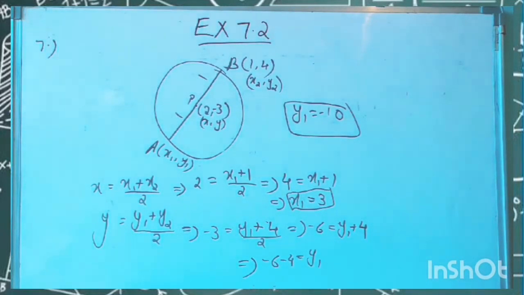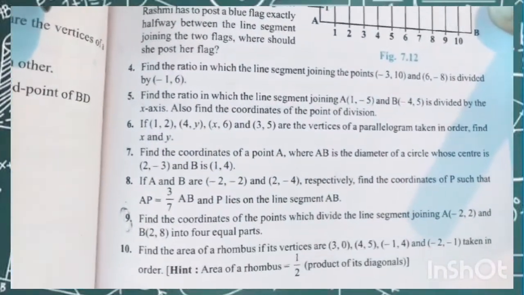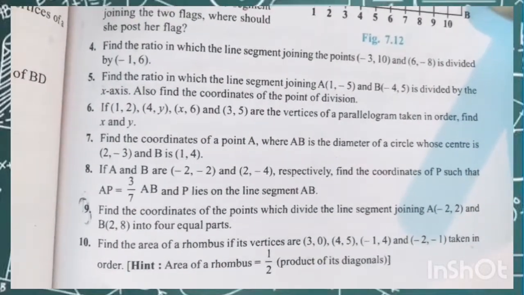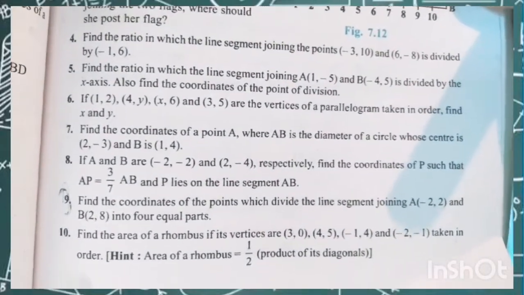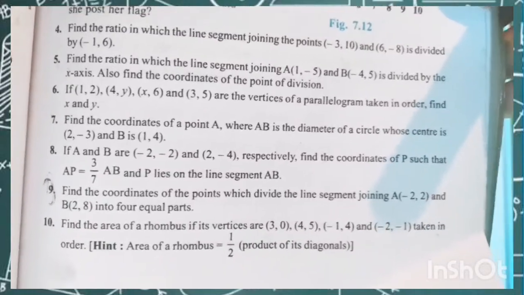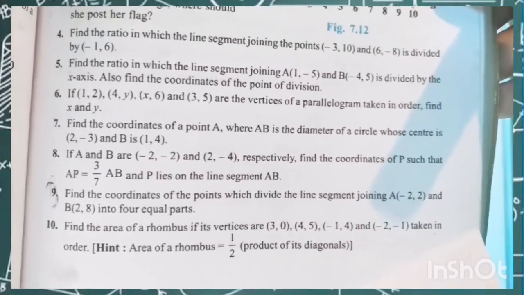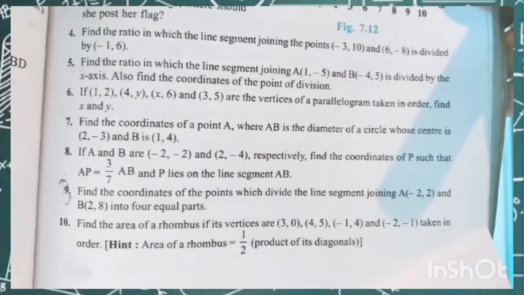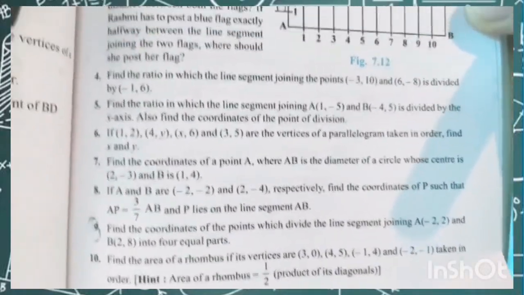Next question, 8th problem. If A and B are the ordered pairs (-2, -2) and (2, -4) respectively, find the coordinates of P such that AP is equal to 3 by 7 AB and P lies on the line segment AB.